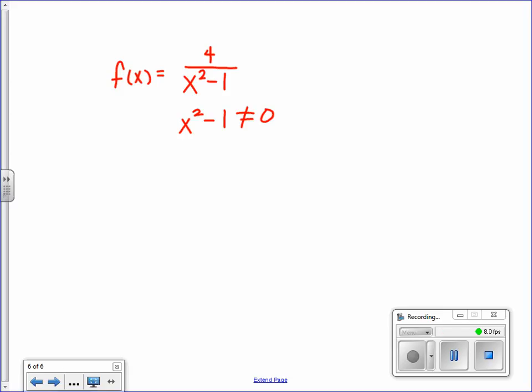Now, I'm giving you a difference of 2 squares. What is that going to factor down to? X plus 1, x minus 1. So x can't be 1, x can't be negative 1. It can be everything else, right? That's what it cannot be.